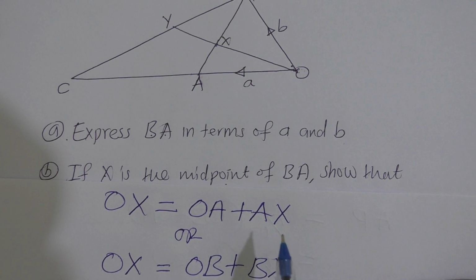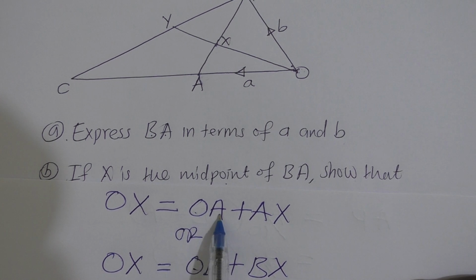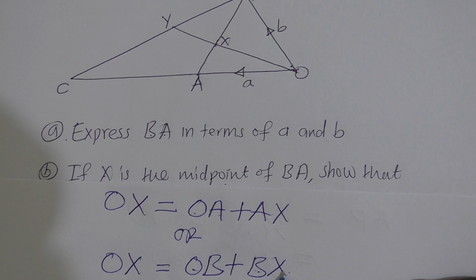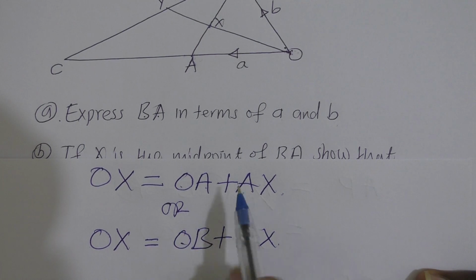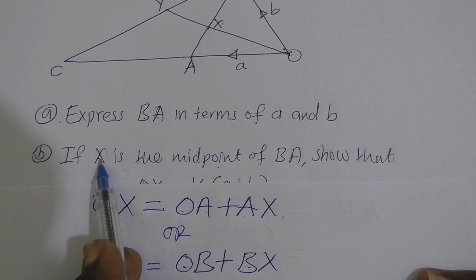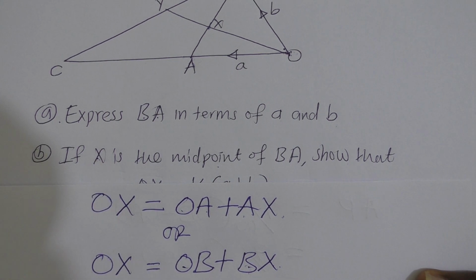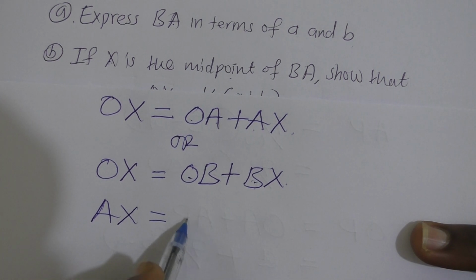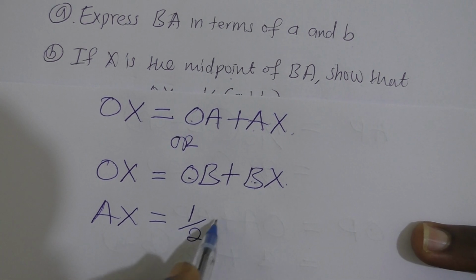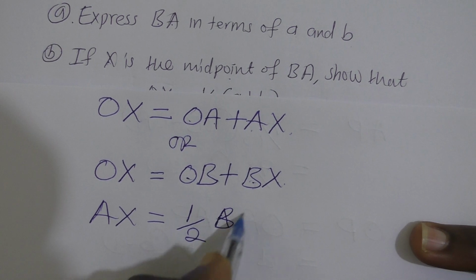Now, since we have OB and AB, we look at the second ones, BX and AX. But since X is a half, that means that AX is a half of AB or BA.